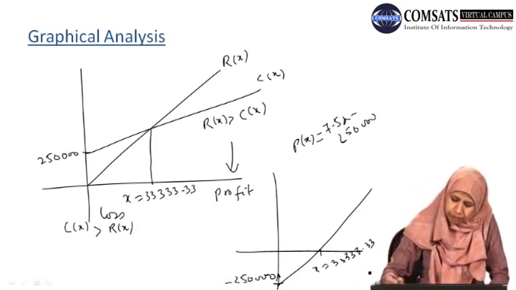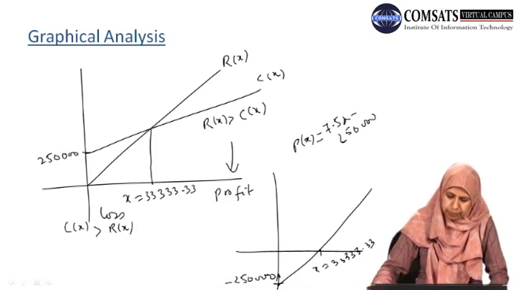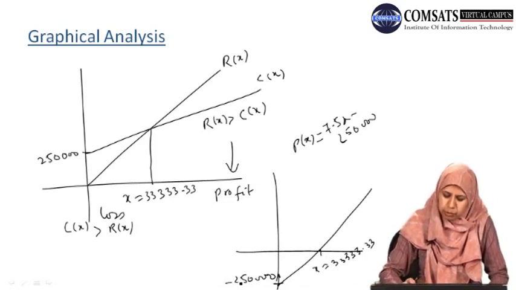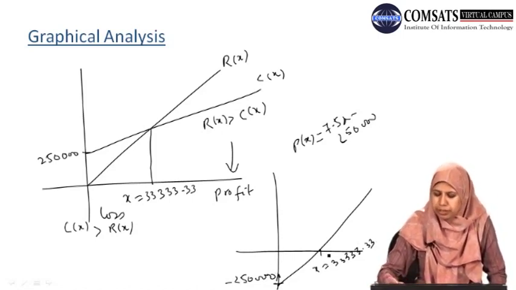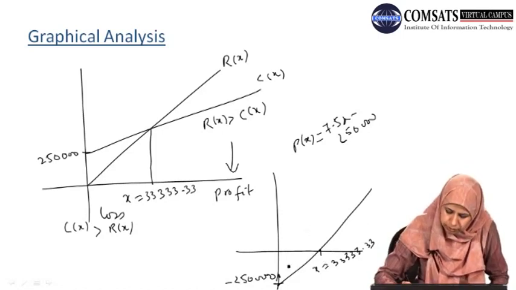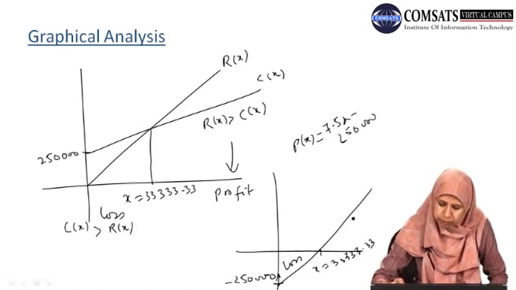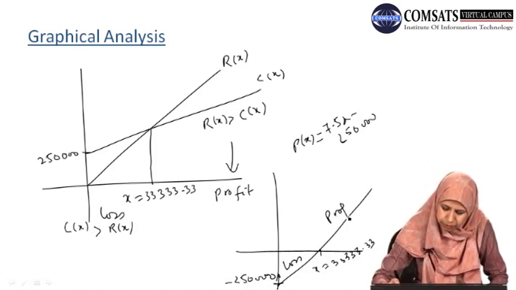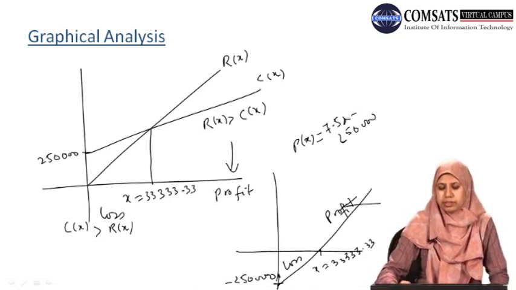So we can also see from this profit graph that before the break-even point, the profit was negative, meaning loss. After the break-even point, we have a positive value, meaning here we have profit. And the break-even point is the point where the graph of the profit function intersects the x-axis.